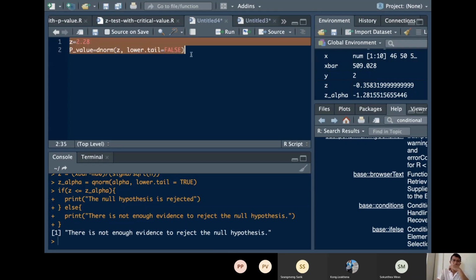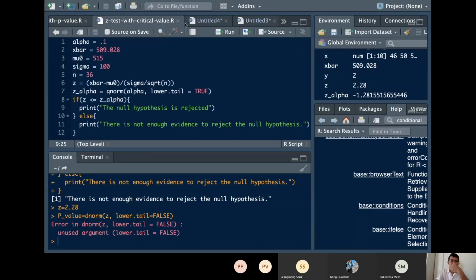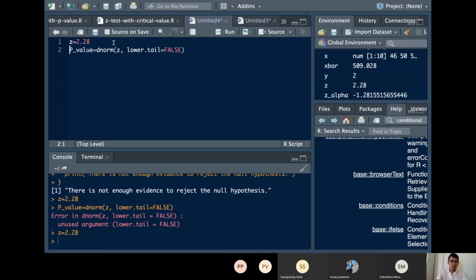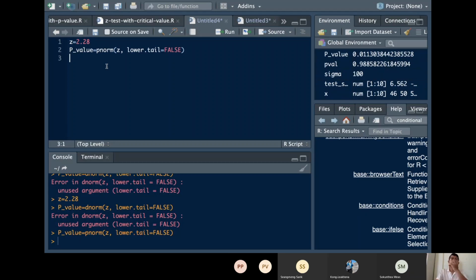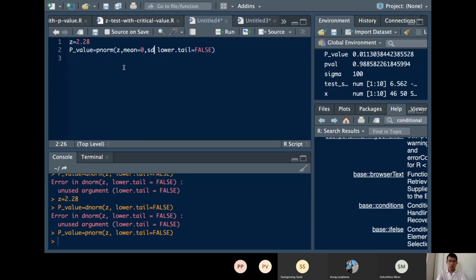So, okay, let's try to run this. Okay, we have to specify the mean, equal to 0, and the standard deviation equal to 1.